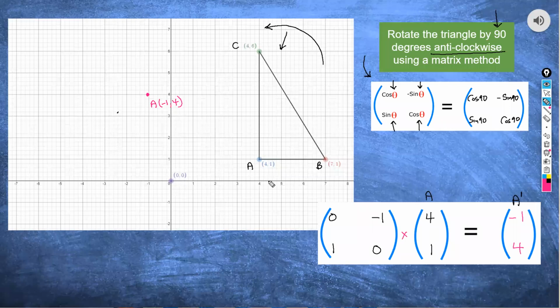So it's just a repetitive process, right? All we have to do now is take this same matrix and multiply by which point now? Point B, which is 7, 1. And when we multiply by 7, 1, you'll get two more values here. You plot it, and you do the same thing for point C.